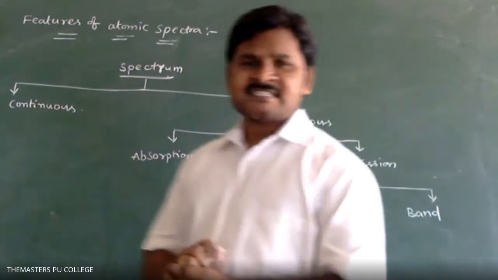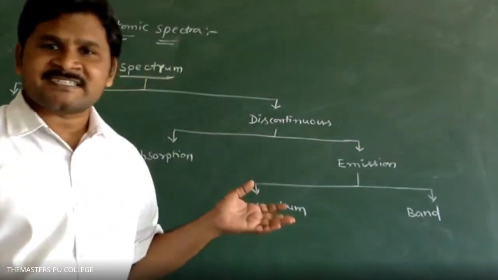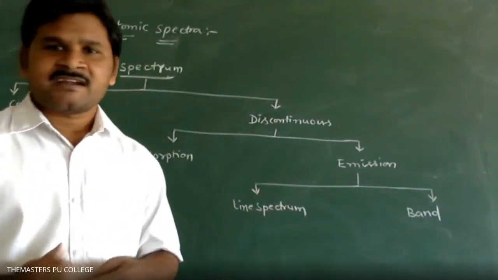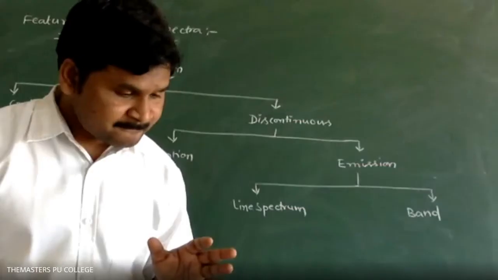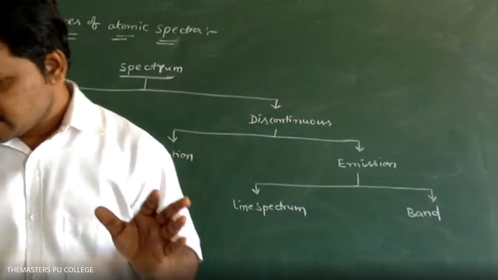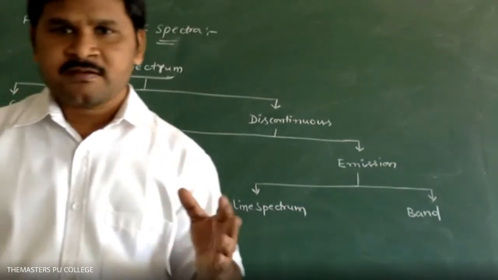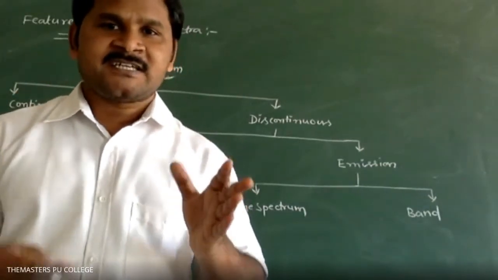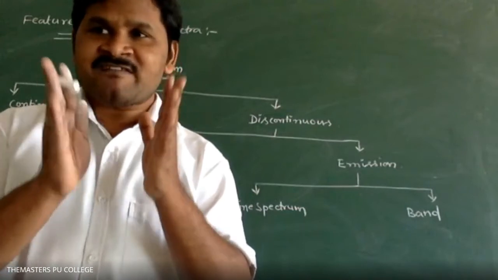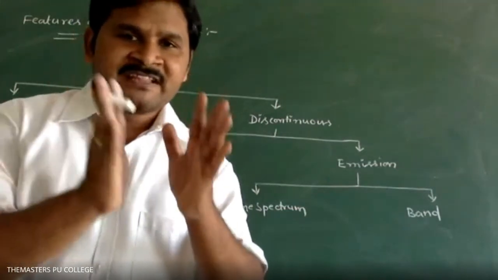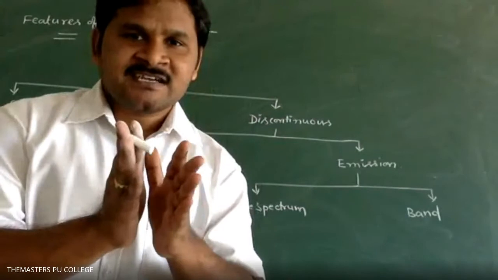Discontinuous spectrum. What does the name indicate? Here some colors are differentiated into groups. Between the wavelengths or lines, we have some gaps.